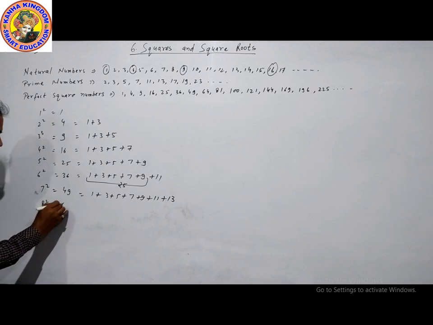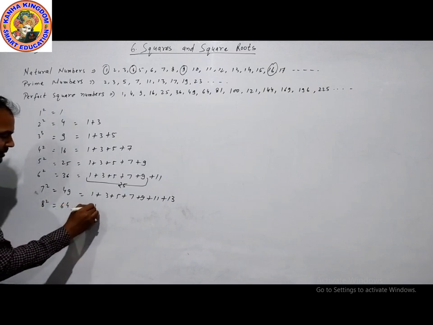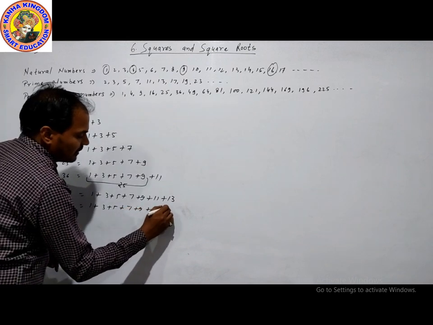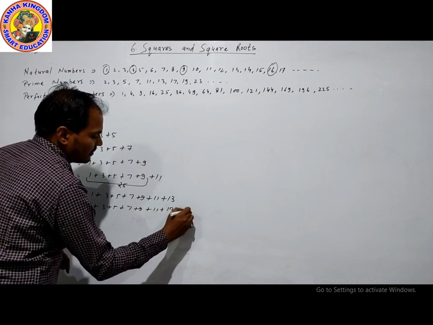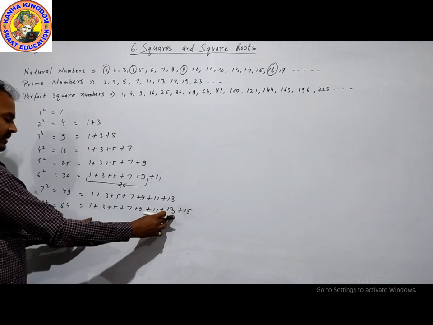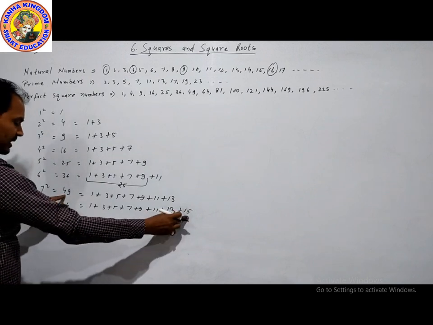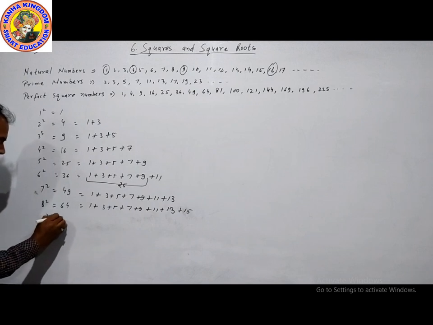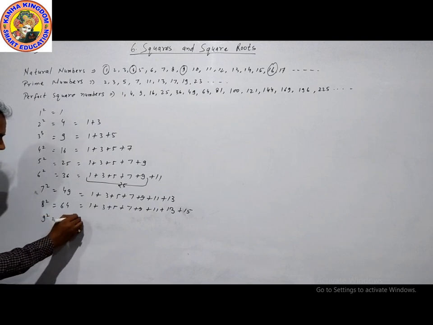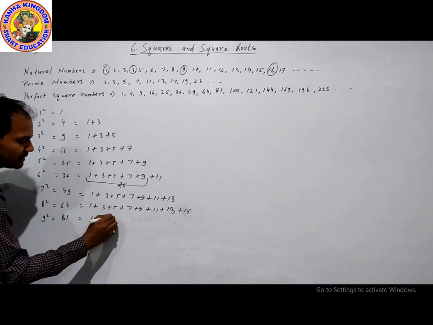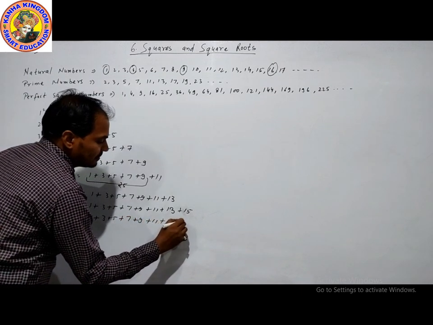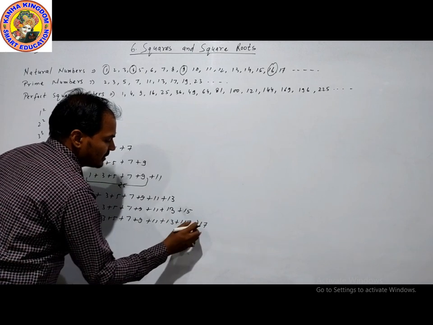8 square is 64: 1, 3, 5, 7, 9, 11, 13, then 15. Up to 13 the addition is 49, and 49 plus 15 is 64. 9 square is 81: 1, 3, 5, 7, 9, 11, 13, 15, then 17.